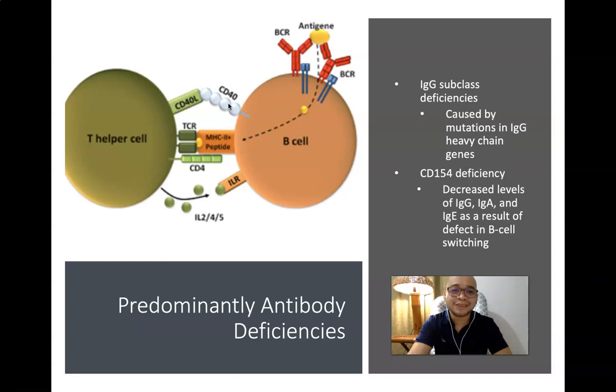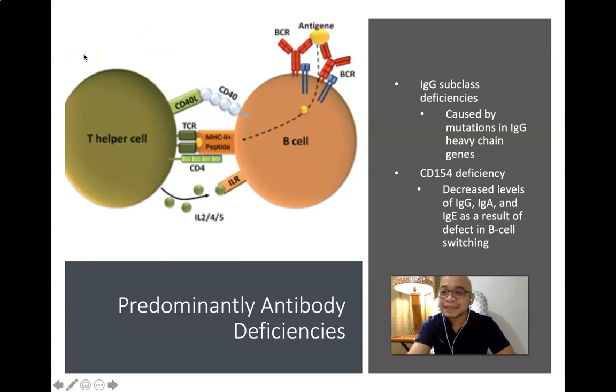This is the CD40, and the green one here is the CD40 ligand. The reason we call it ligand is because it binds with CD40. So CD154 is also known as CD40L, wherein L stands for ligand.